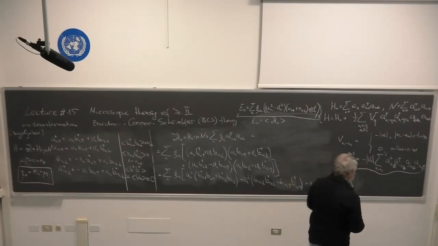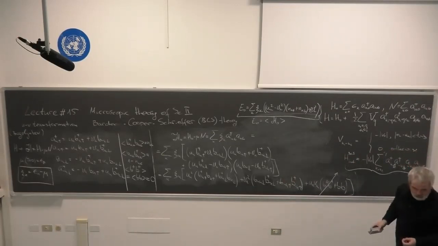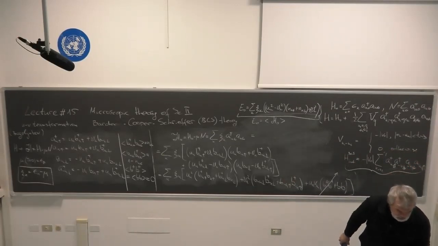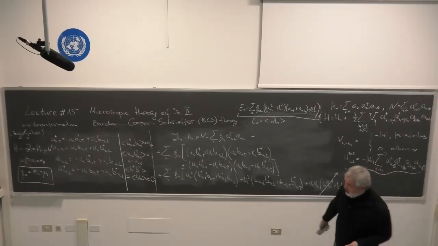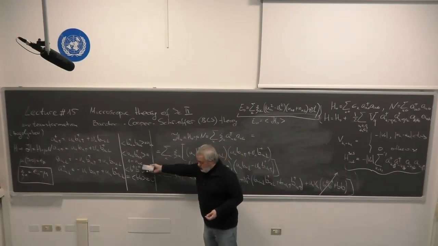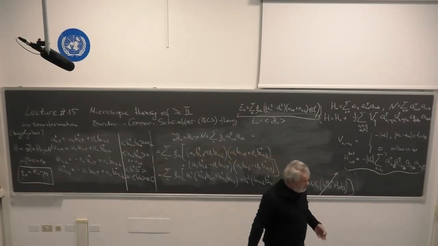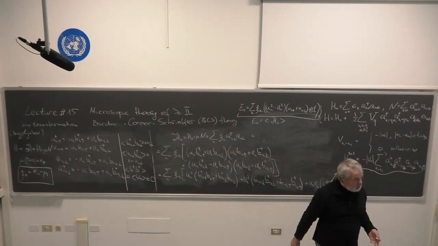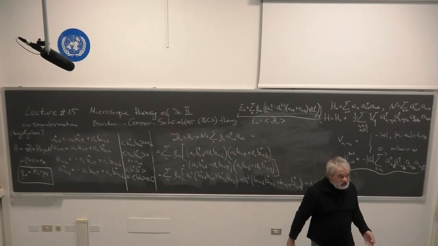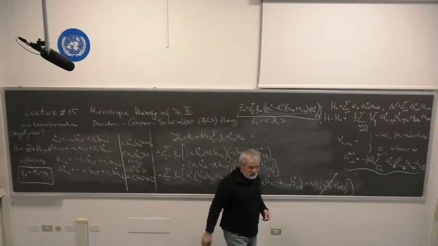Good. I'm sorry, can I ask a question? Yeah. So you're averaging in the new ground state, right? Not in the Fermi liquid ground state. Yes, yes. Well, but I defined it. The Fermi distribution function is the Fermi distribution function of the new quasi-particles. My hope is that I will rewrite my Hamiltonian in terms of non-interacting quasi-particles. Therefore, the question is what is the spectrum which is contained in the Fermi distribution function?